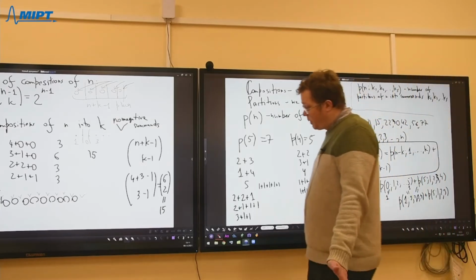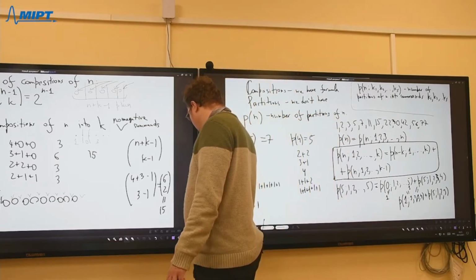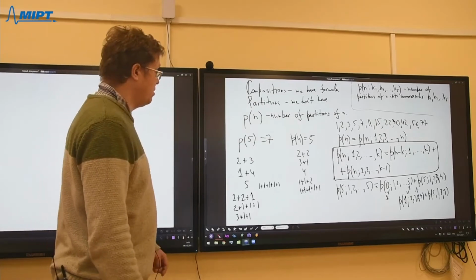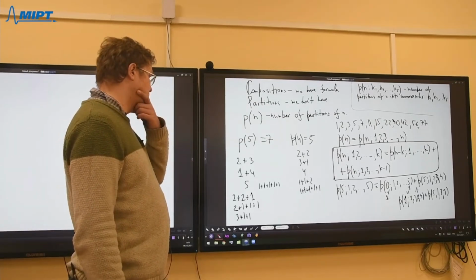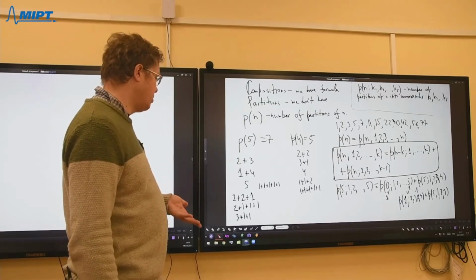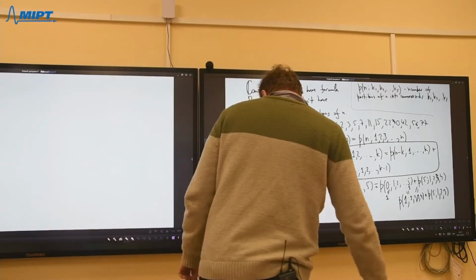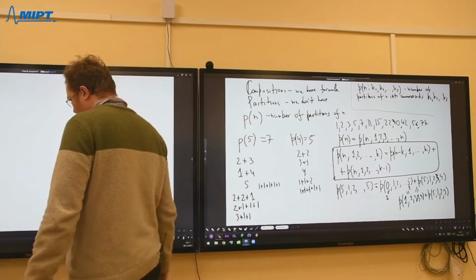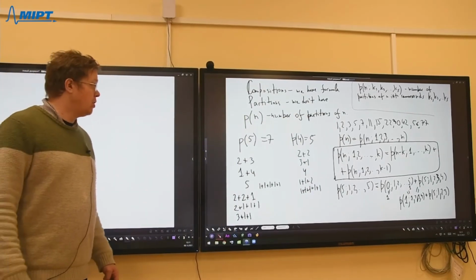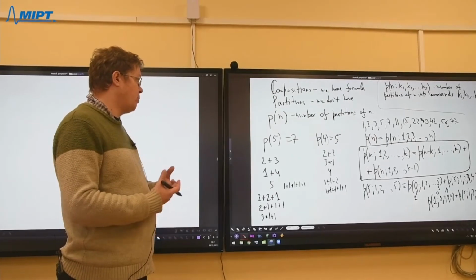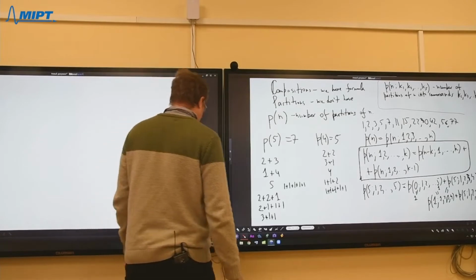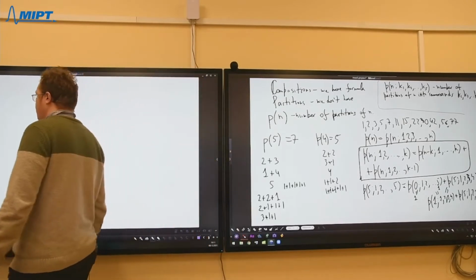So what can we do to calculate this number? What can we say about the number of partitions? Actually, we can make statements about asymptotics of partitions, or maybe make different properties about partitions.